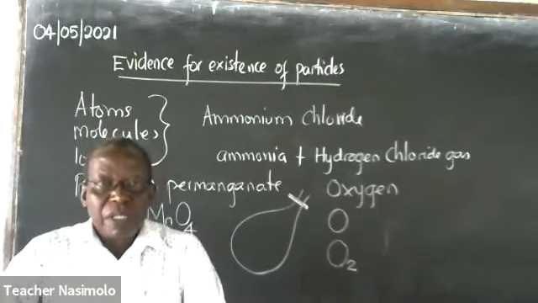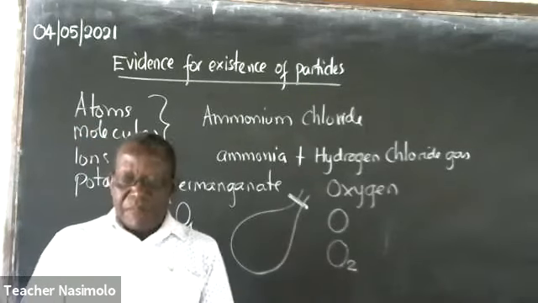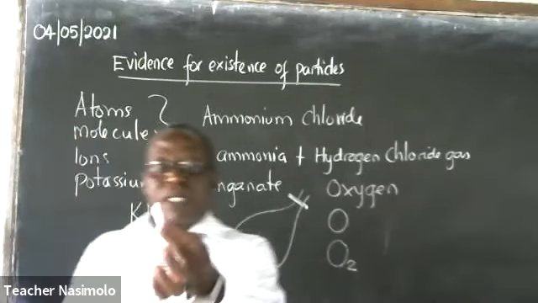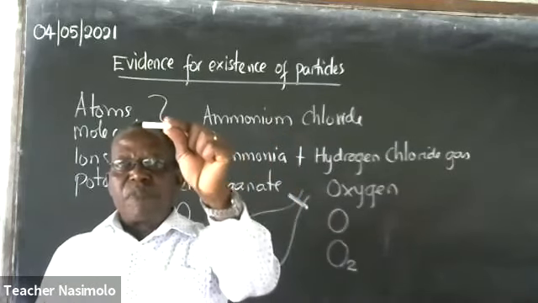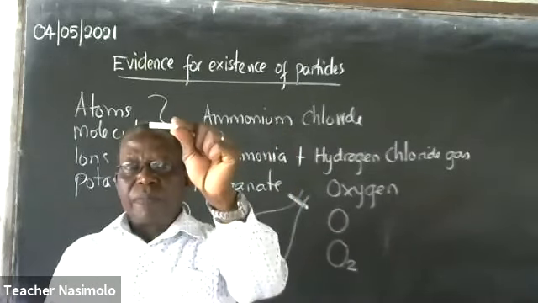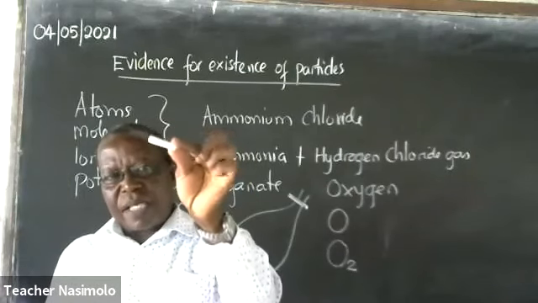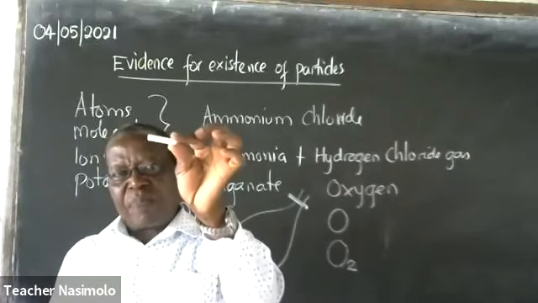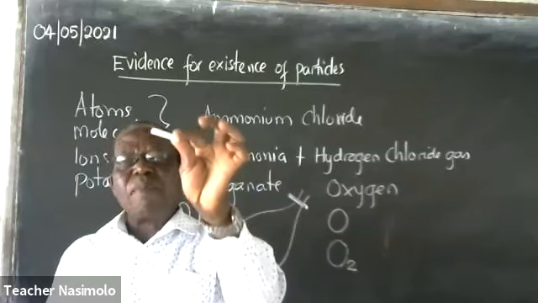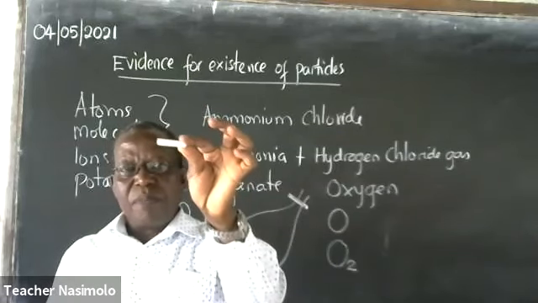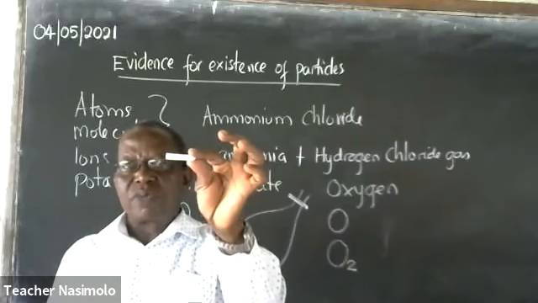And also, possibly, let me do this. Now, all of you are seeing this piece of chalk here. It is made up of very tiny particles. What you are seeing as a piece of chalk has a multitude of those tiny particles.